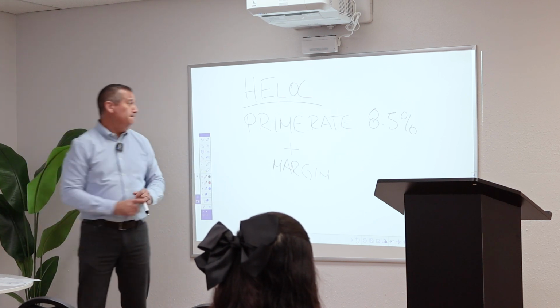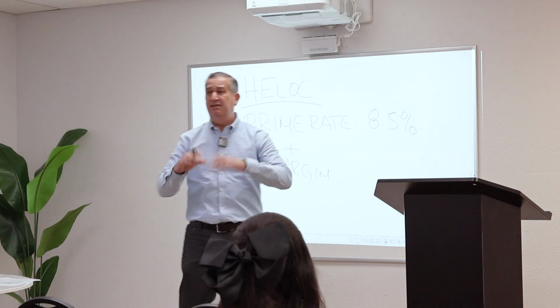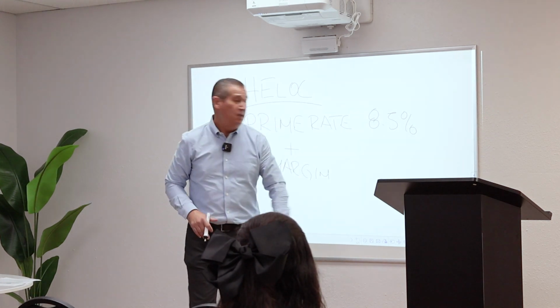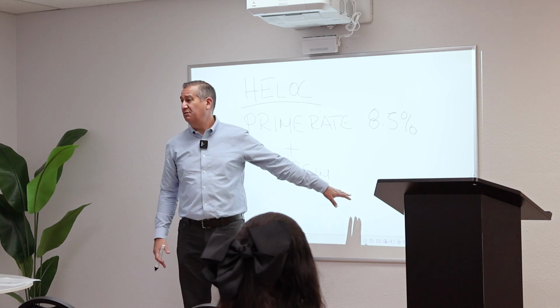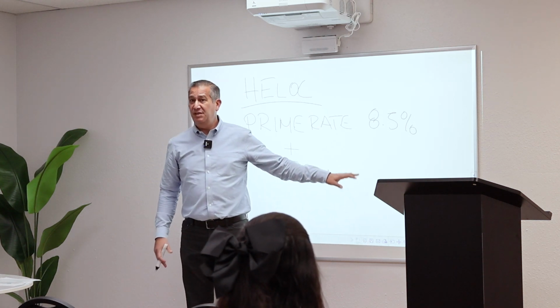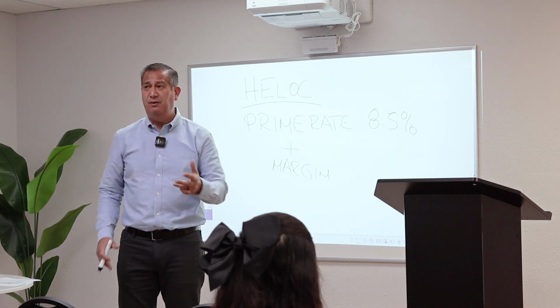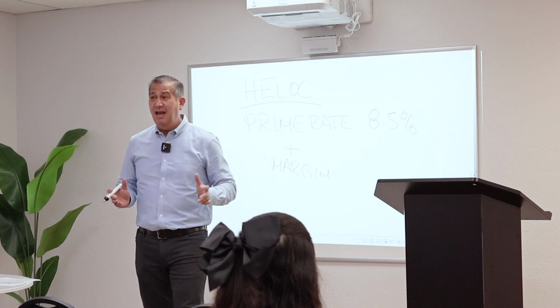Guys, if the client wants to go to a credit union, I tell the client, go to a credit union. The only thing that I can tell you is that after those 3 months, your rate is going to go to 11%, 12%. So yes, they will give you an introductory rate. I bet you that they say 3%, 4%, and that's the only thing that they offer.